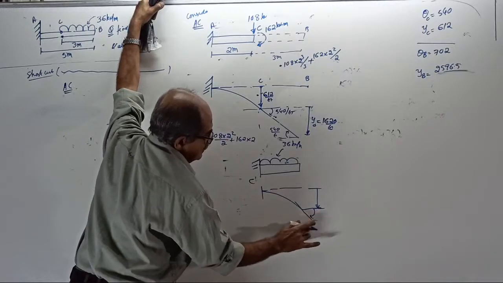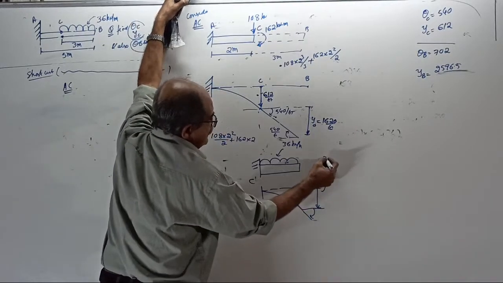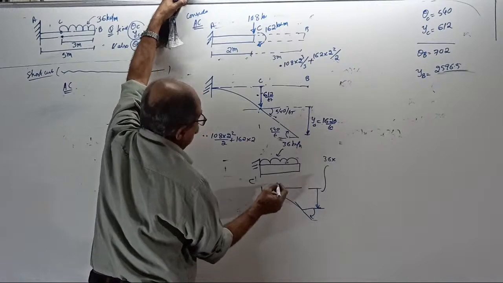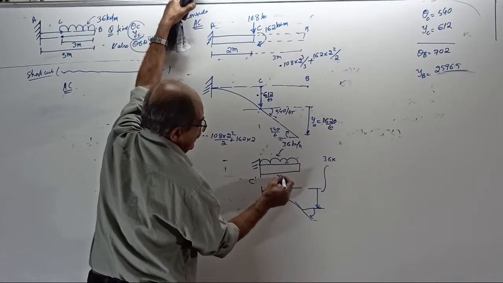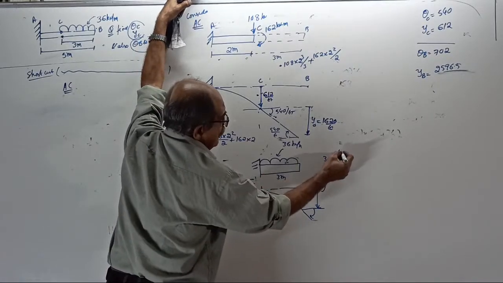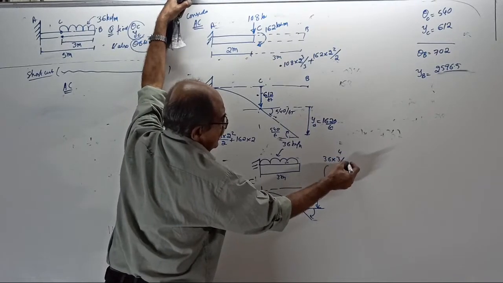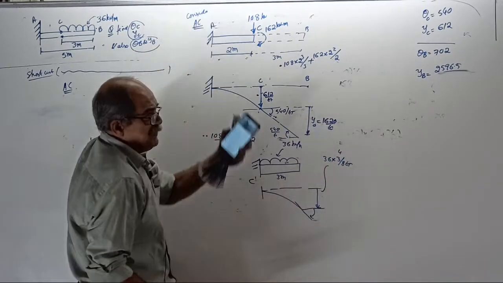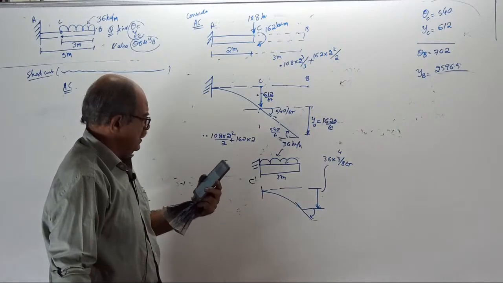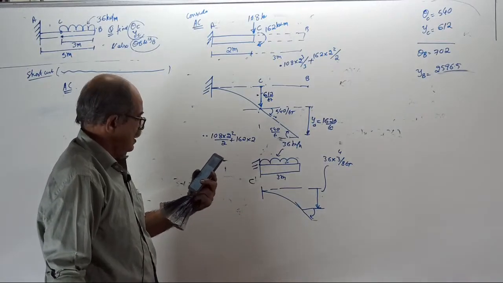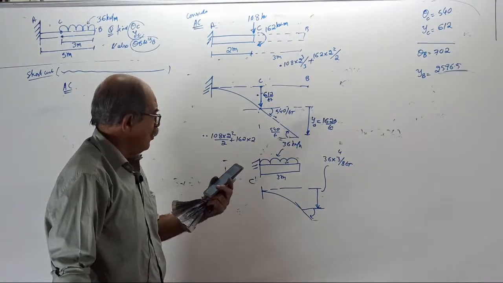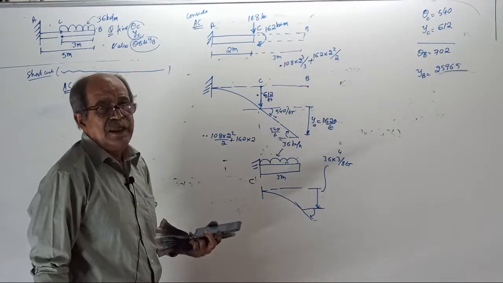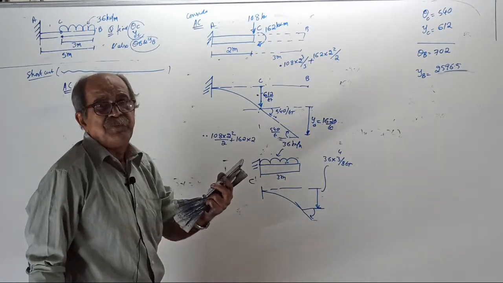This deflection is 36 into span to the power 4 by 8 EI. Span is 3 meter. That is the UDL deflection.